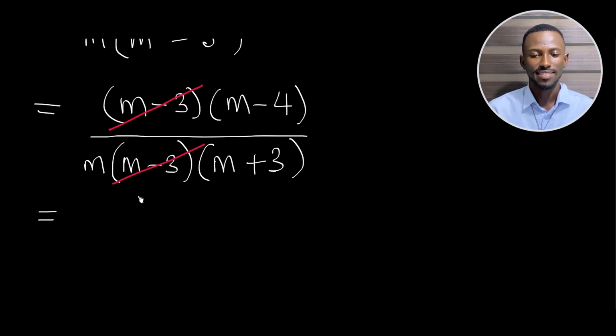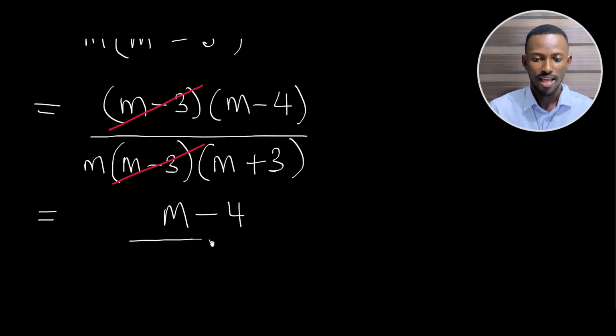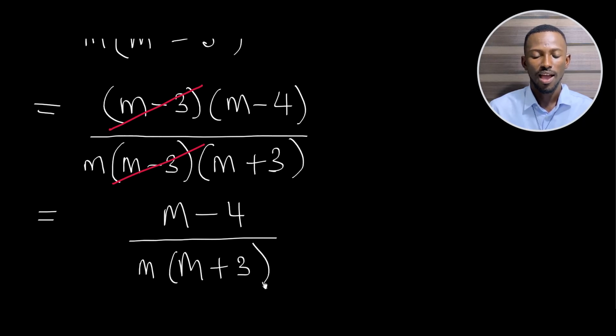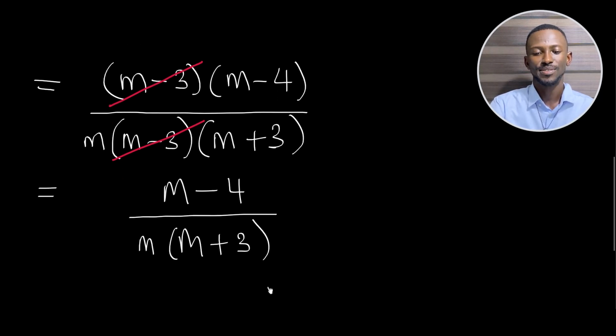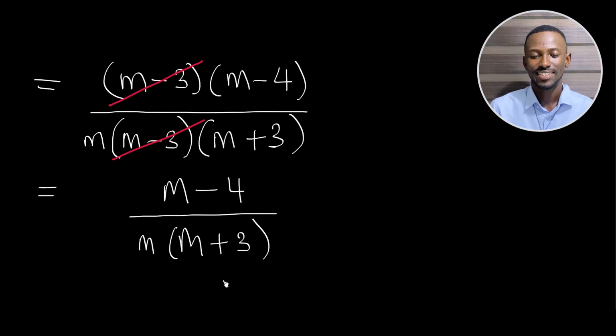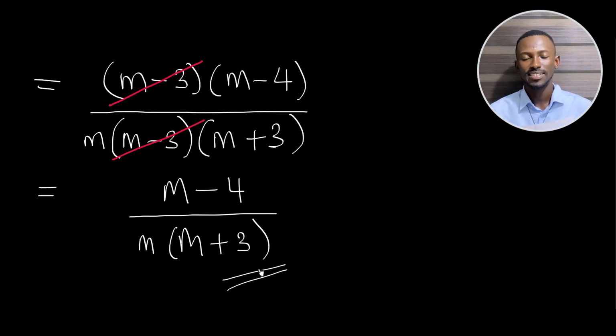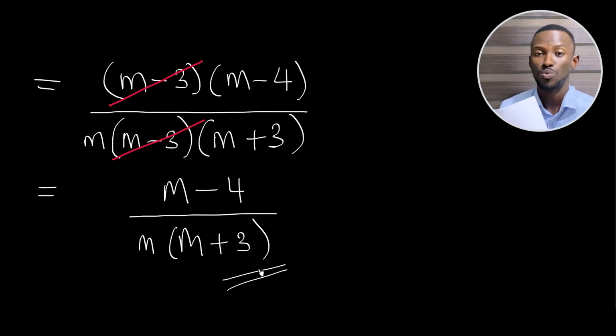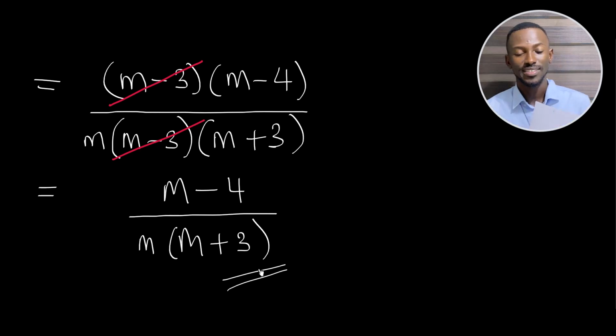After that, we are left with m minus 4 as the numerator, and m, bracket opens, m plus 3 as the denominator. Good. So basically, that is our question and the answer that we have. I think that is simple enough.